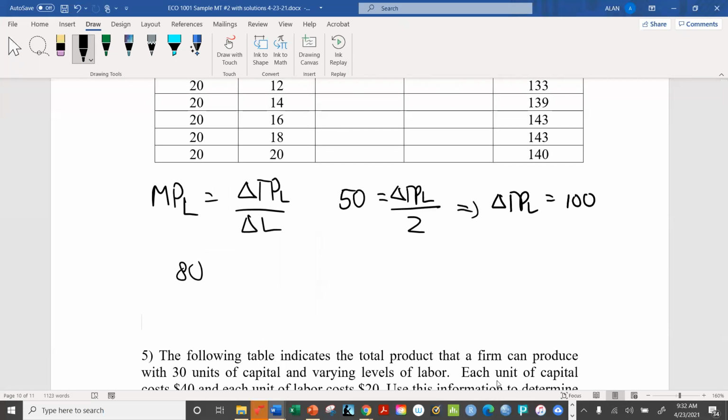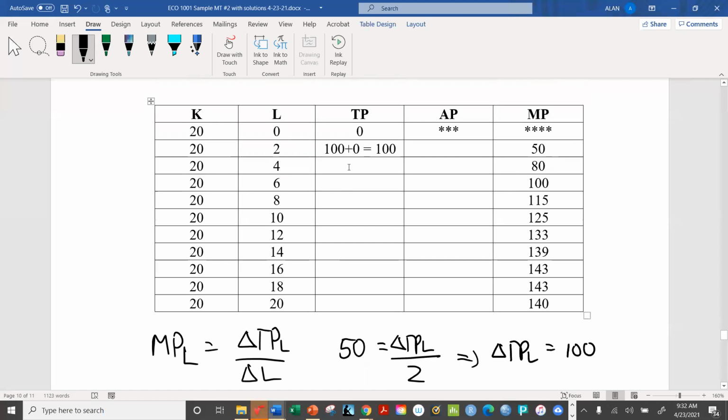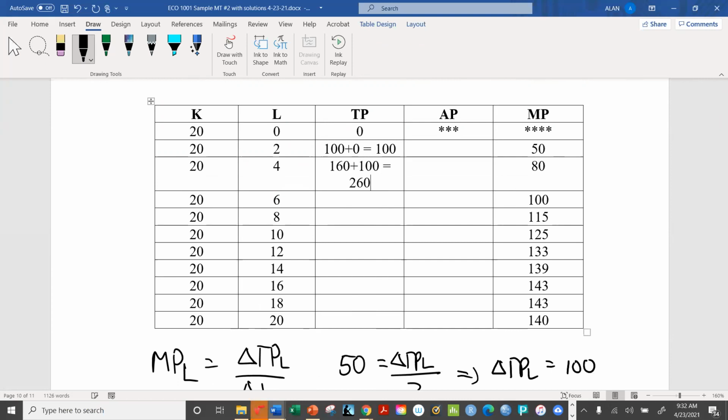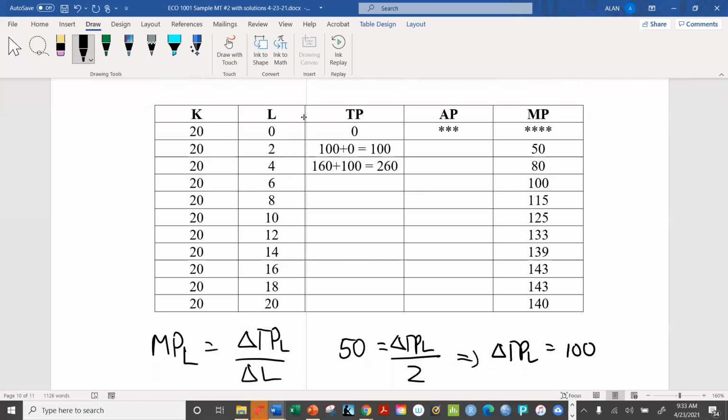So therefore, if this is equal to change in total product over 2, that implies that the change in total product must be 160. And so therefore, we're going to add 160 to the previous level of output. Okay, and so all of them will work in exactly the same way.